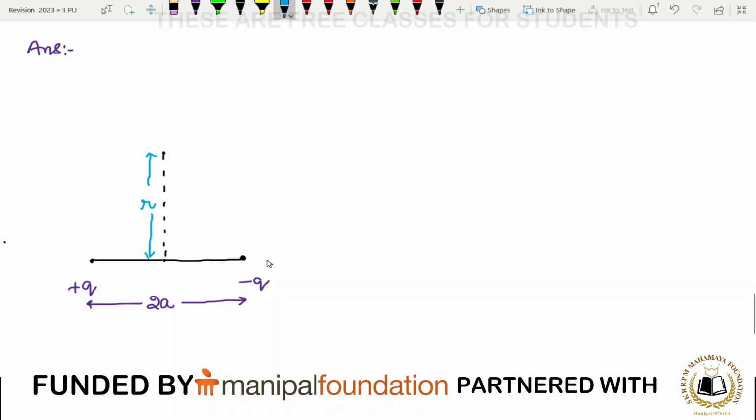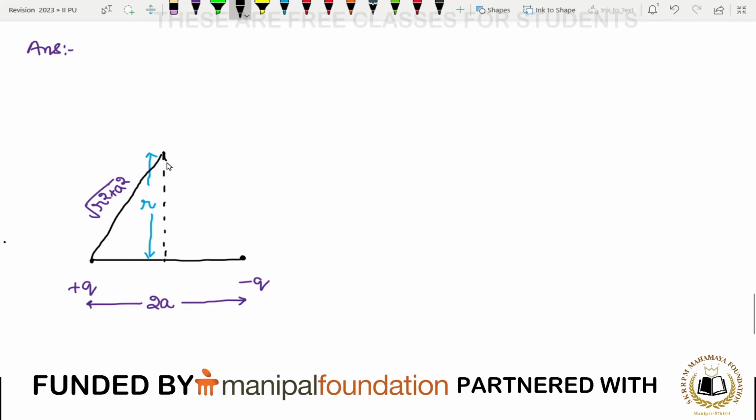Now this distance is 2a here. So I'll join one more line from here to here. What is that distance? Pythagoras theorem we should apply. That distance will be root of r square plus a square.